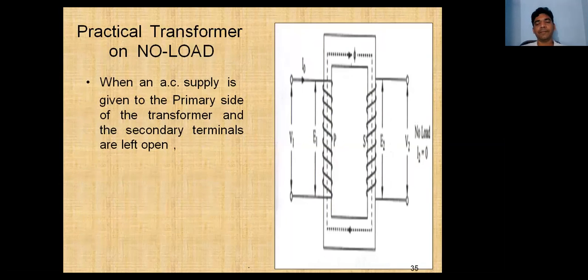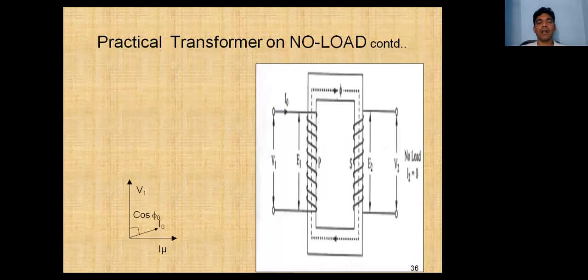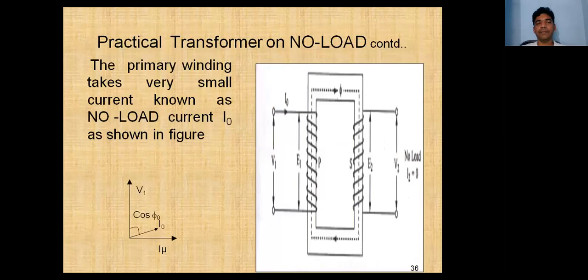When an AC supply is given to the primary side of the transformer and the secondary terminals are left open, the primary winding takes a very small current known as no load current I0, as shown in the figure.